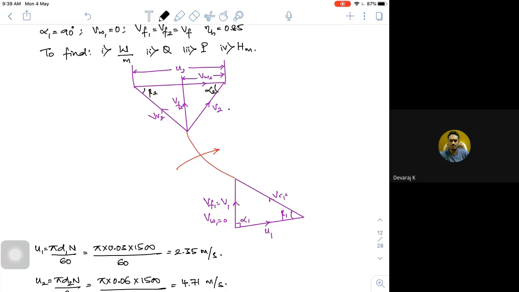So tan beta 2 is equal to Vf2 divided by this x. If I call this E, that is x. So x is equal to U2 minus Vw2. So if I substitute, what will it be?